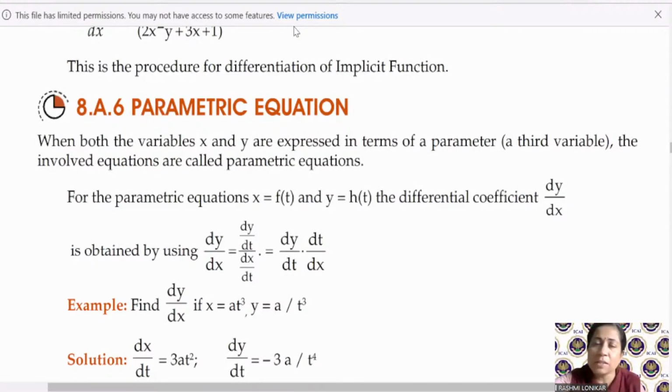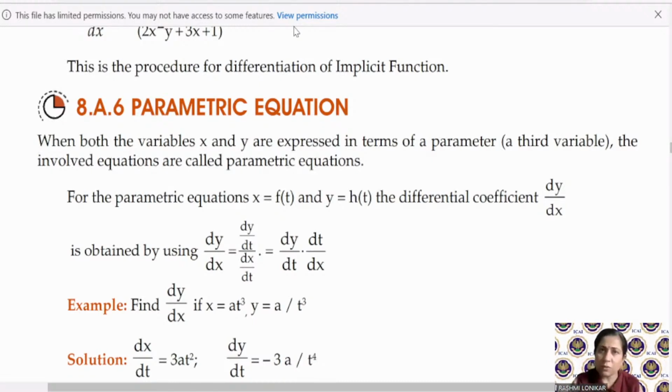Now what happens is in the sums we did up till now, for ease of calculation, I have taken one of the functions of x in terms of t. But what happens if both y and x are expressed in terms of t, and you want to find the differentiation of y with respect to x? We don't want it with respect to t, we want it with respect to x.